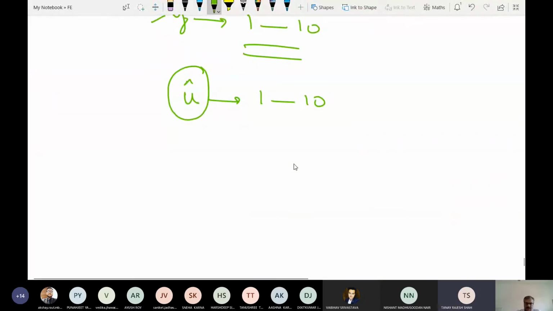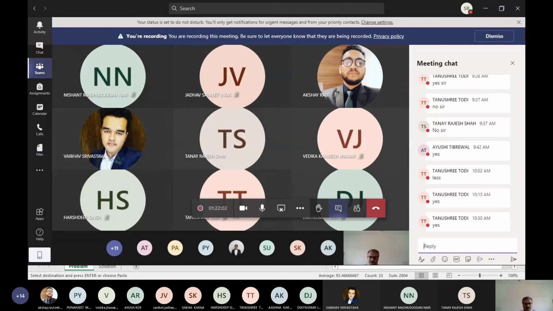So the assumption of heteroscedasticity says that this error term, the variance of the error term, what is variance? All of you have studied the SD, standard deviation, in your start class. Standard deviation is a measure of dispersion.